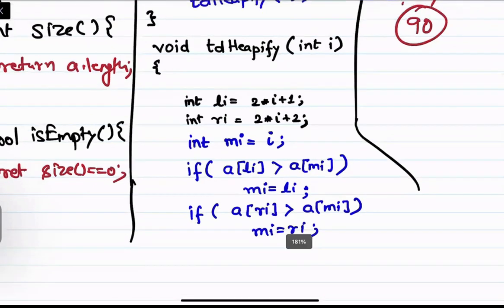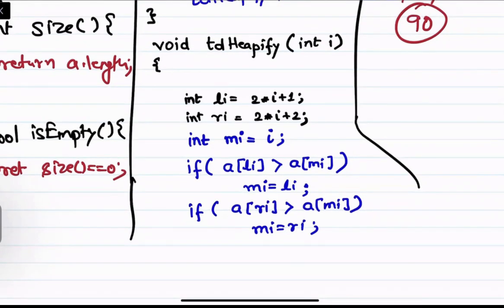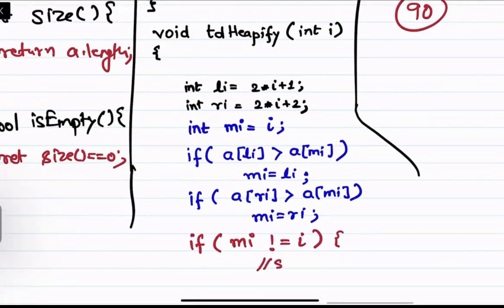Now, if Mi is not equal to I, that means either left or right is maximum, so I'll perform a swap.